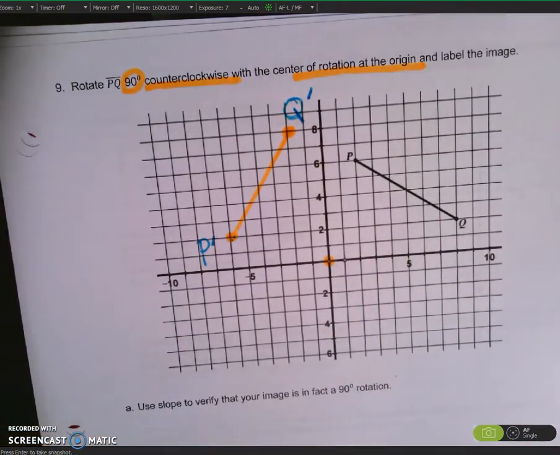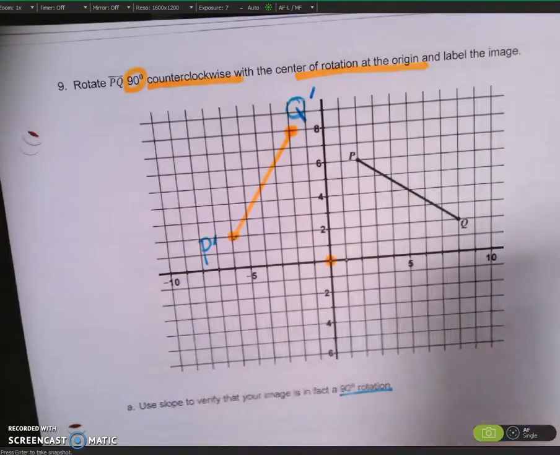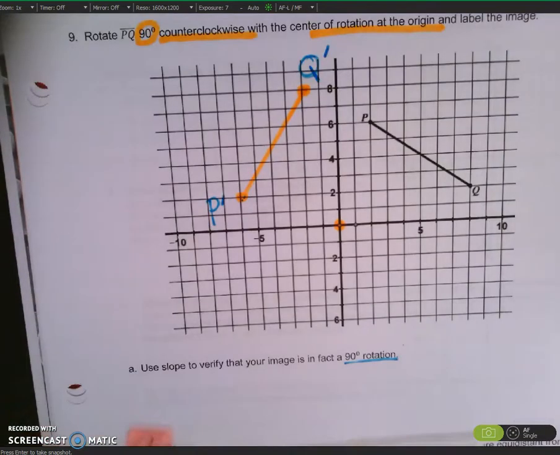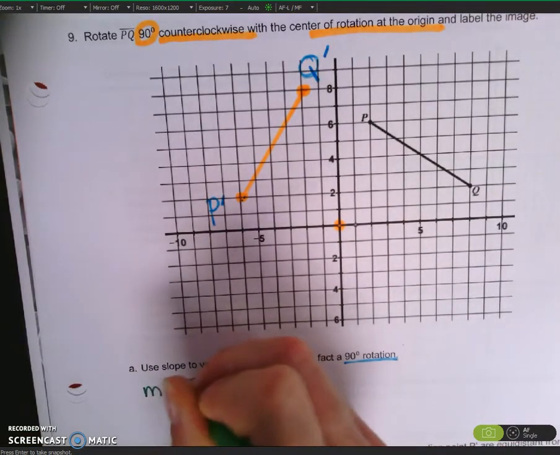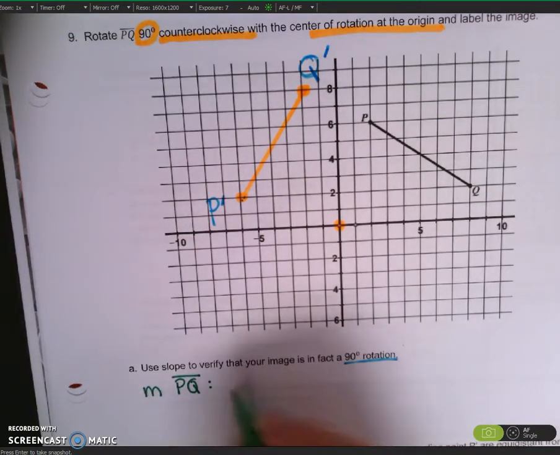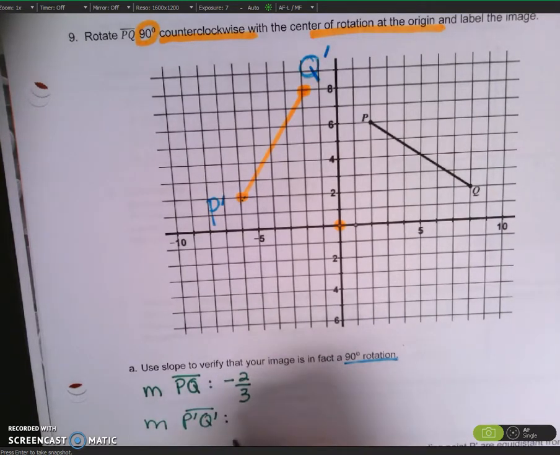Use slope to verify that your image is in fact a 90-degree rotation. How can I use slope to make sure something's a 90-degree rotation? That's right, the slopes of corresponding segments should be perpendicular. Let's investigate the slope of segment PQ. The slope of segment PQ is, you're right, -2/3. And the slope of segment P prime Q prime is, thank goodness, 3/2.